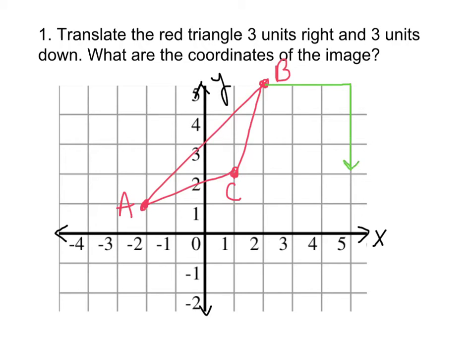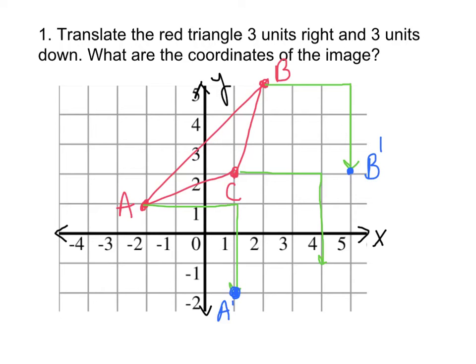Now you don't have to draw the green when you do your homework or in your notes. 3 units right, 3 units down. So these are our new points. This is going to be A prime. That's going to be B prime.